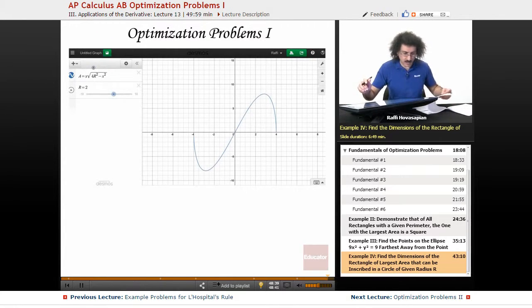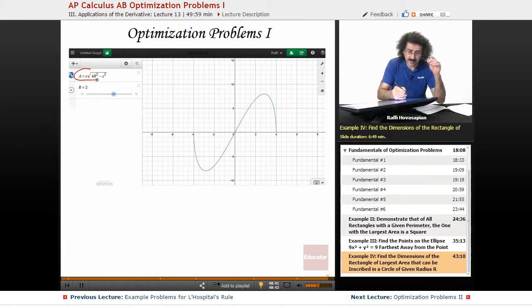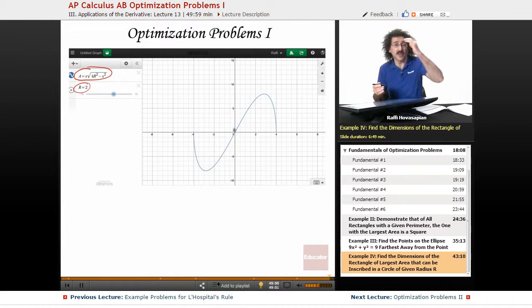And let's go ahead and show you what this looks like. So I have the area function that I tried to maximize, x times the radical 4r squared minus x squared. And I picked a particular value of r, the radius of the circle, which happens to equal 2. This is the function. Again, x is a physical distance, so really our domain is here and here.